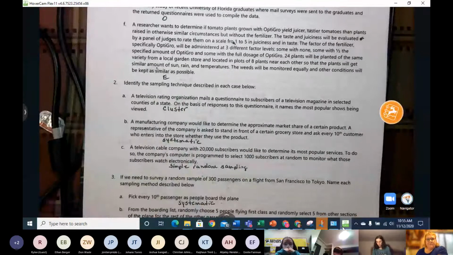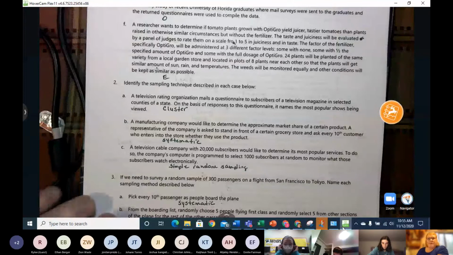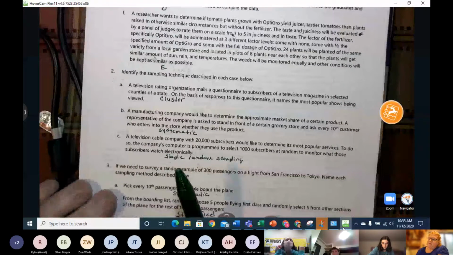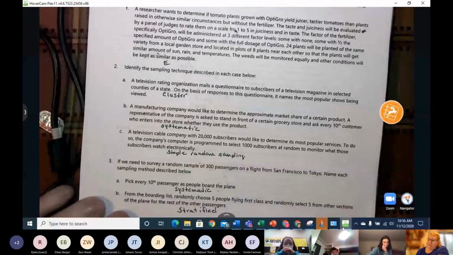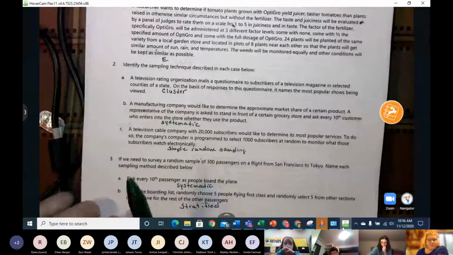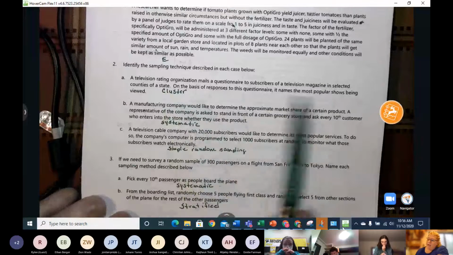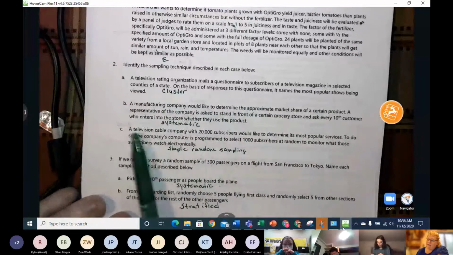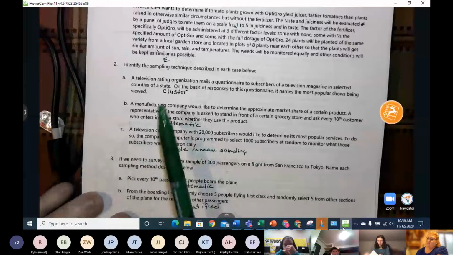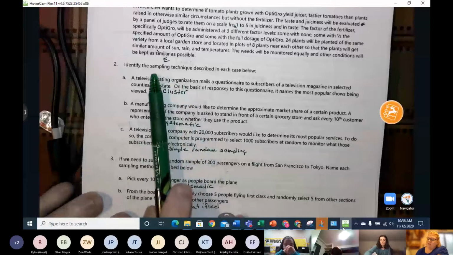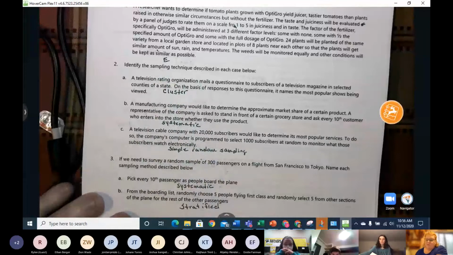So remember we talked about cluster sampling, stratified sampling, simple random sampling, systematic sampling. Those were different types of sampling methods that we talked about. So that should be in your notes. And then we're looking at various cases or situations and trying to decide which type of sampling is being used.